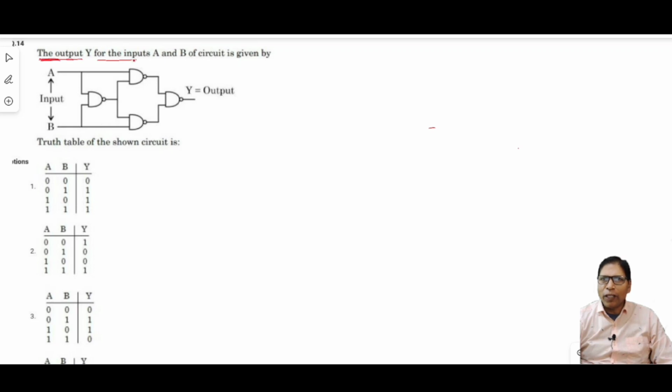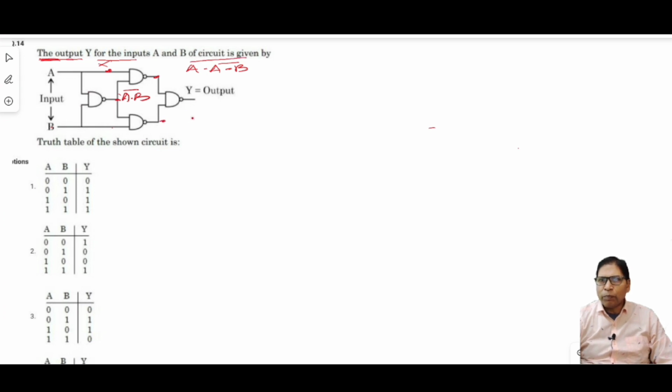The output Y for the input A and B is given as, look at this. This is A, this is A, this is B, this is B, this is B. So at this point, this is A and B not. Therefore, at this point, this is A and B not.